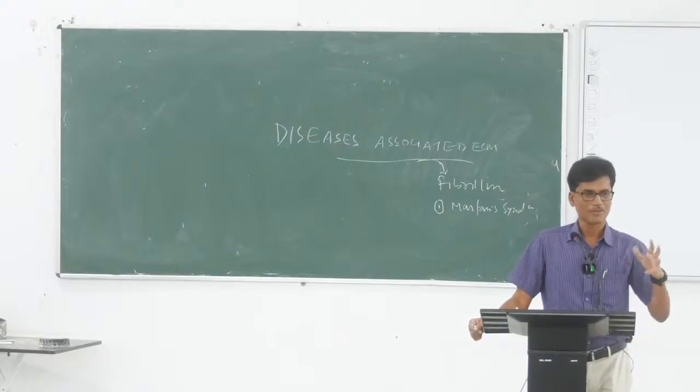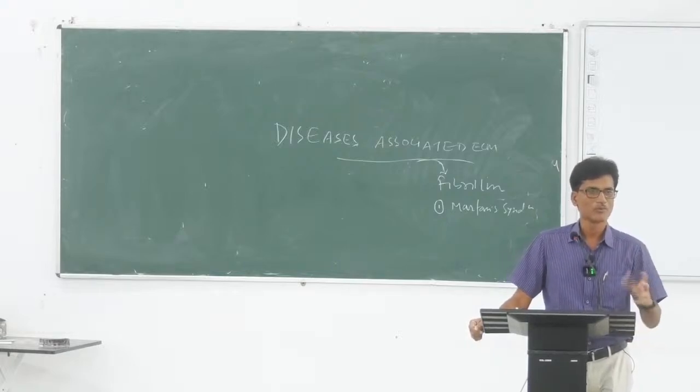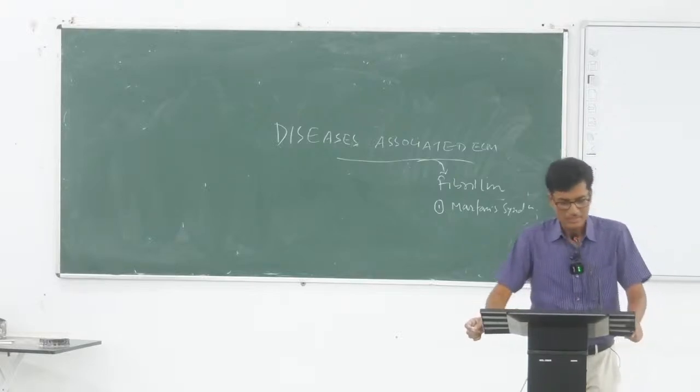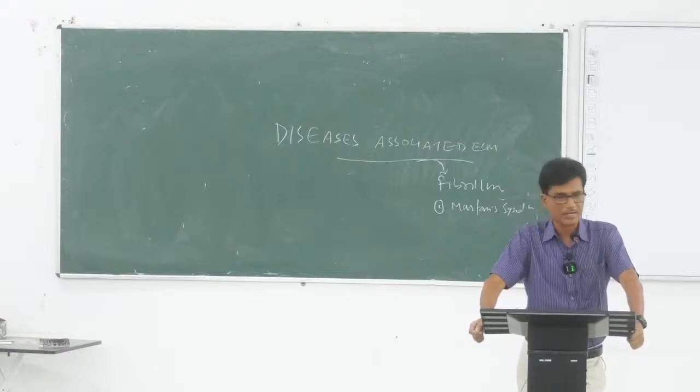Actually সব ফাইবারগুলি কাছাকাছি থাকে, একে অপরের পরিপূরক হিসেবে কাজ করে, বুঝতে পারছিস? একজনের এই কাজ তো আরেকজনের ওই কাজ। আচ্ছা, the disease associated with the fibrillin is the Marfan syndrome.